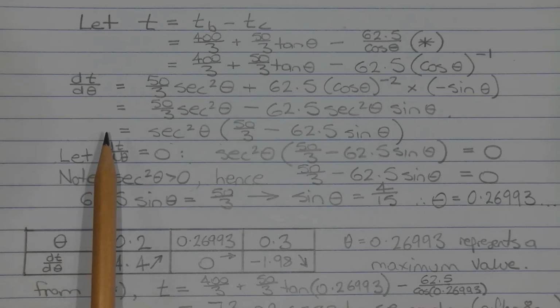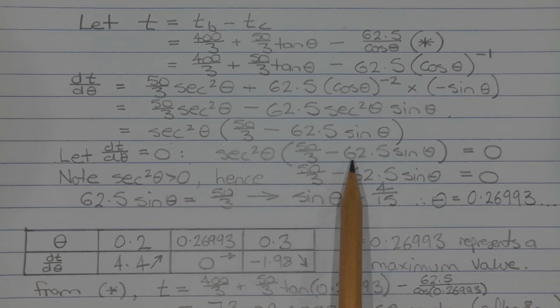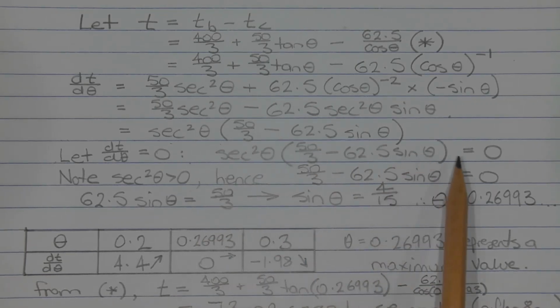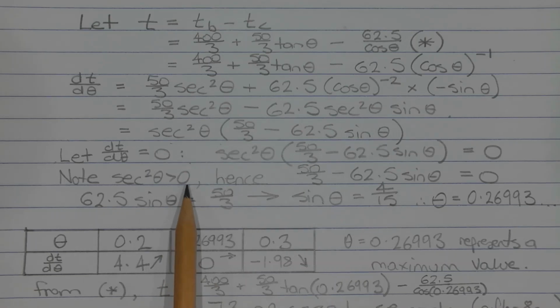Now we're going to let dT/d theta equal 0. So we have sec squared theta times (50 over 3 minus 62.5 sine theta) equals 0. Now note that sec squared theta is greater than 0. Hence, 50 over 3 minus 62.5 times sine theta equals 0, and this will have a solution.